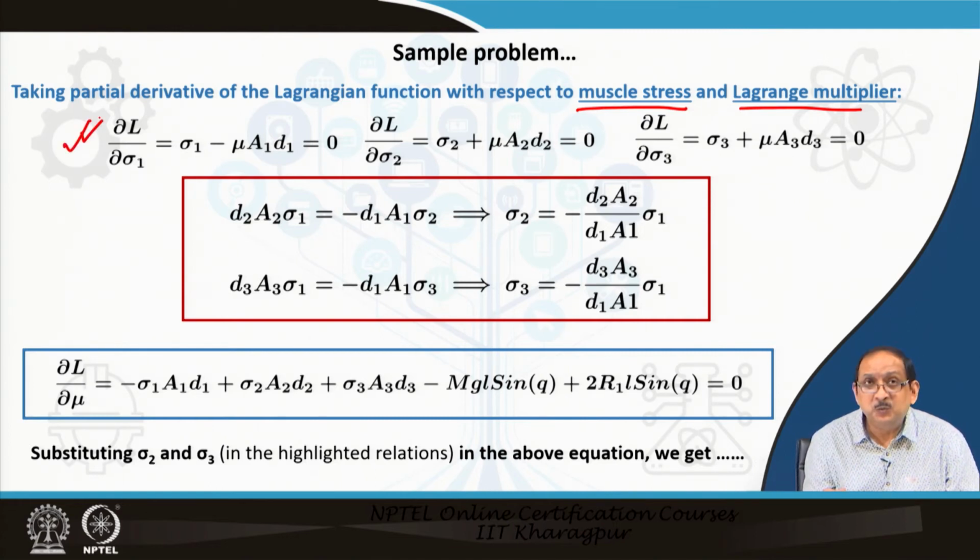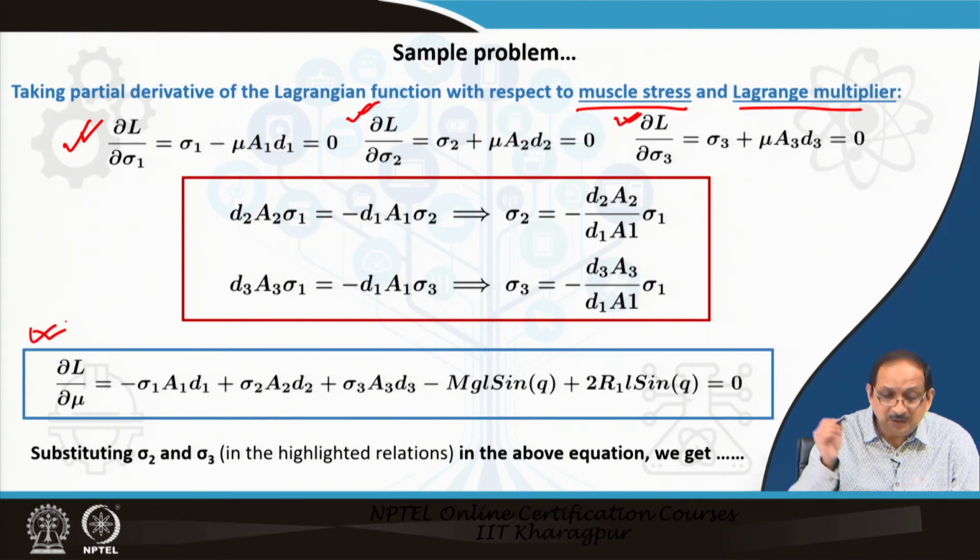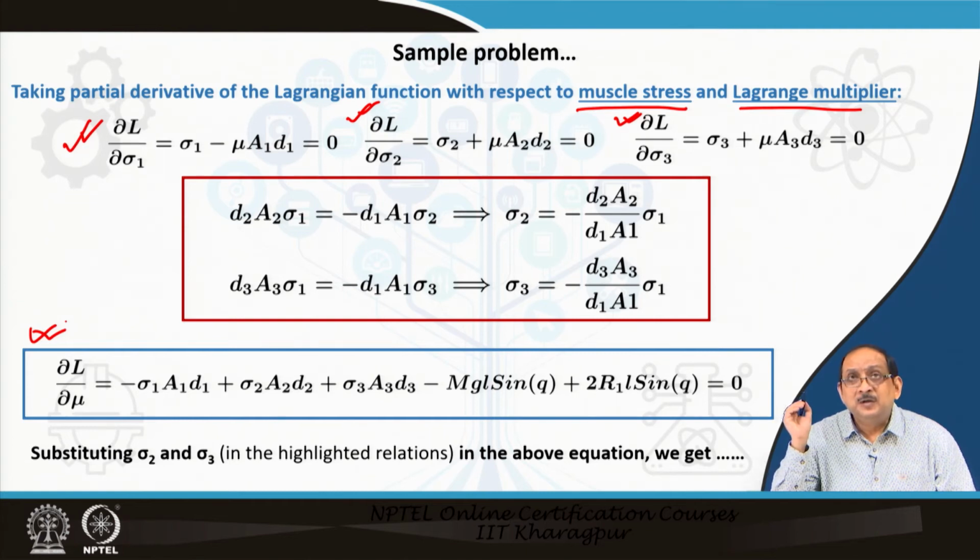So, this is the partial derivative with respect to muscle stresses, sigma 1, sigma 2 and sigma 3, whereas this equation is formed by taking partial derivative of the Lagrangian function with respect to Lagrange multiplier and setting it to 0.